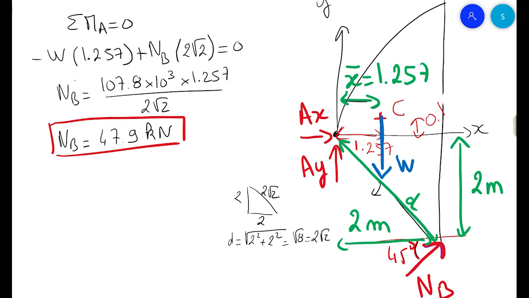Sum of the forces, let's do X first. Sum of the forces on X is equal to 0. We have AX plus NB cosine 45 equal to 0, and NB is 47.9. So we find that AX is equal to minus, so it's in the other direction, 33.9.